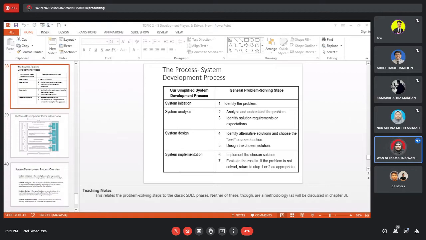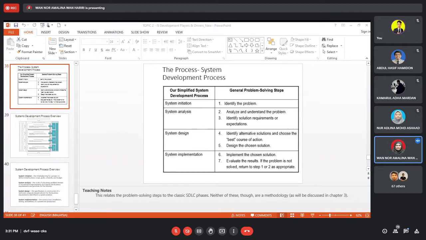For this, if you look at this slide, and I'm trying to relate it to your class project, the first step is to identify the problem. Now that the problem is given, from the slide that I have explained just now with regards to your class project, you know what the problem is.